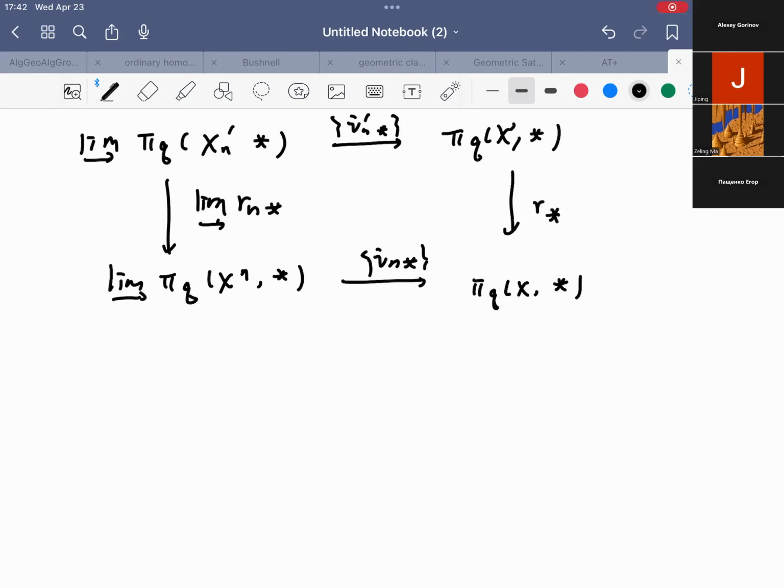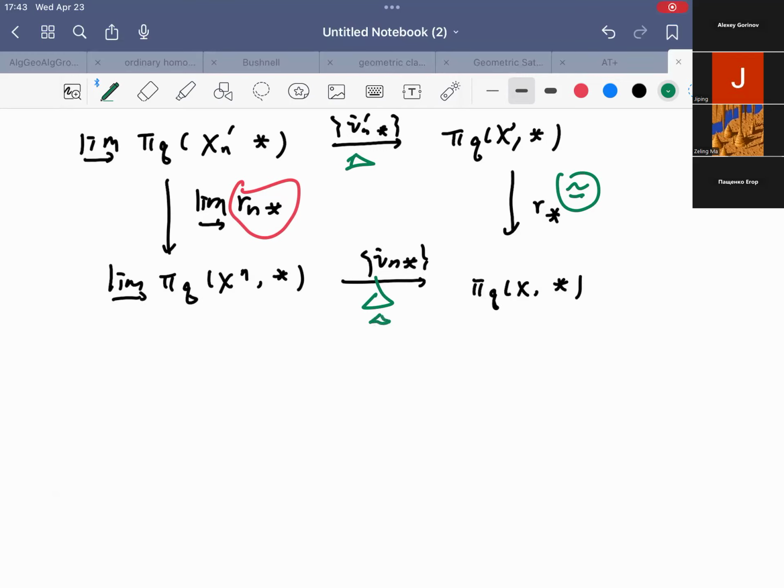What I have shown is that this one is an isomorphism, because it's a homotopy equivalence. If you can show these two parts are isomorphisms, then the question is done because this diagram commutes and you will get this is an isomorphism. So the question is how to show these two parts are isomorphisms.